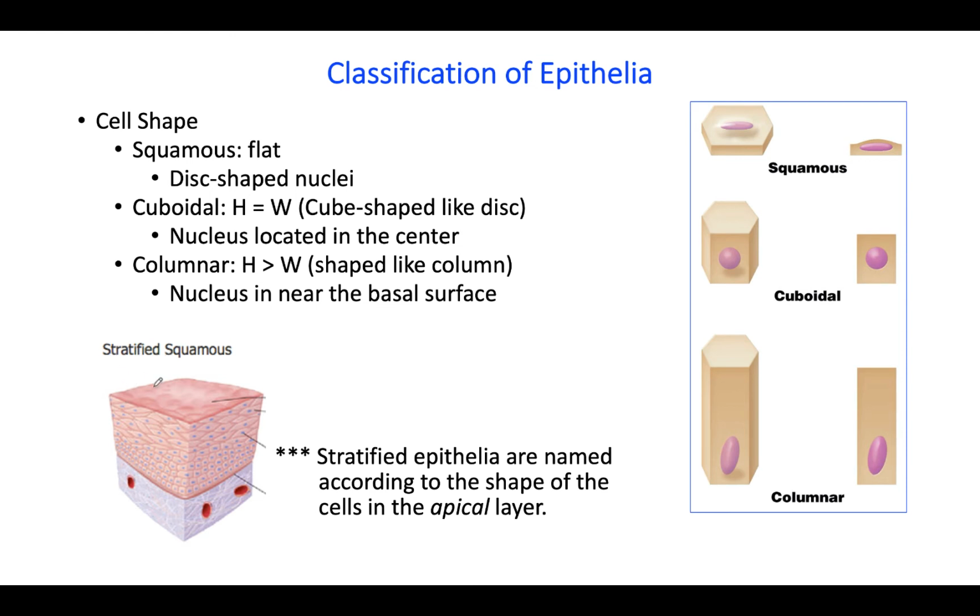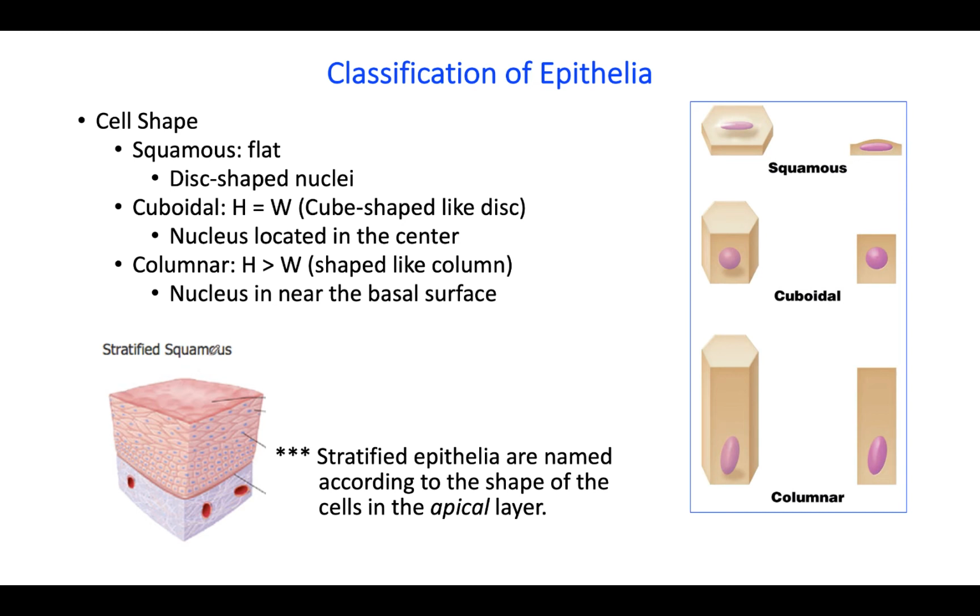So stratified means it is composed of several cell layers. And several cell layers can be made up of different kinds of cell shape. But you have to choose only the top portion. So stratified, followed by the shape of the cells of the apical region.